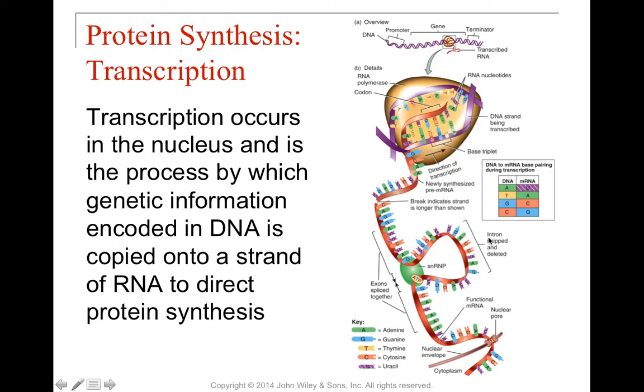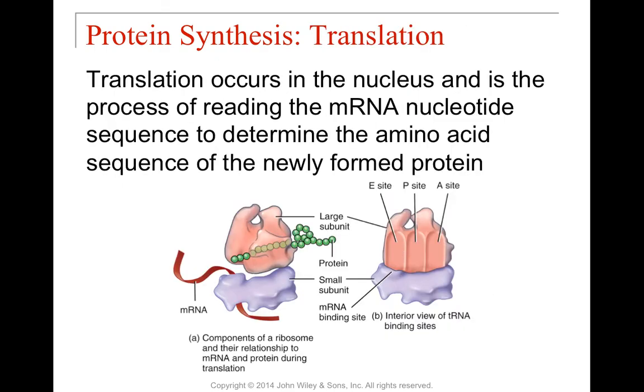This would be like if you were to stop and snip out every commercial so that you only got the full-length program, right? And then eventually you're going to end up with an RNA transcript, which has all the edits created and already taken out, and then it's going to be exported out of the nucleus into the cytoplasm, where the process of translation is going to occur.